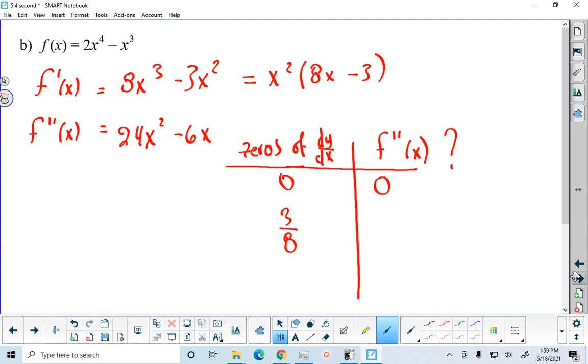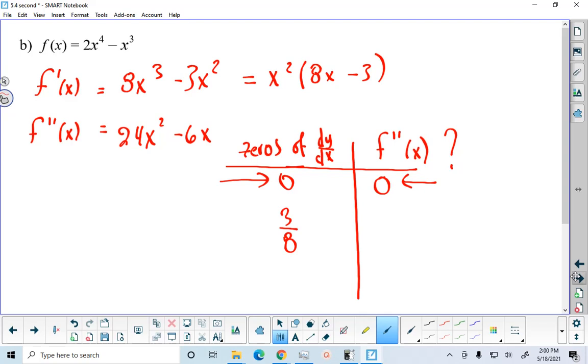We got 0 for the second derivative, and that means that at that point, where the slope of the tangent is 0, it's neither concave up nor concave down. Well, what does that tell you? It tells you it's not a max or a min. We'll get to what that looks like in a second.